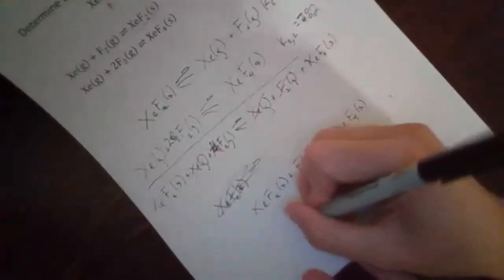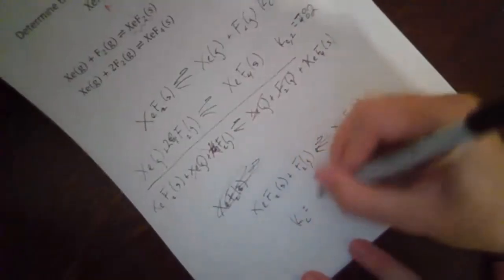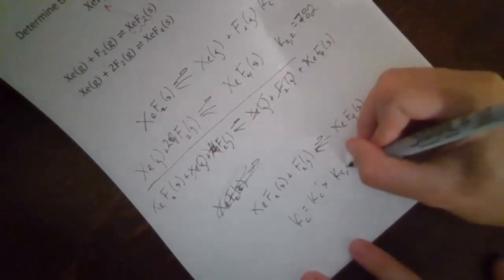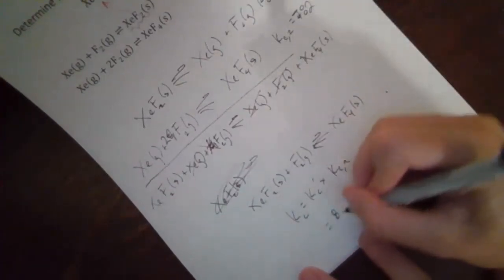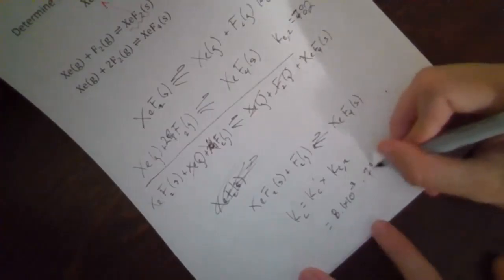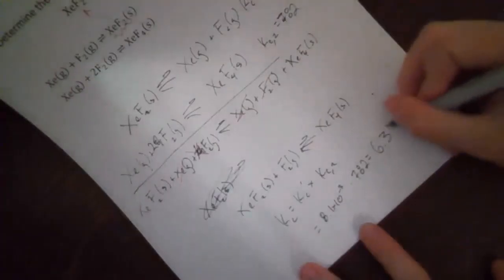So the equilibrium constant for this overall reaction is going to be that Kc prime times Kc2, equal to 8.1 times 10 to the negative third times 782, which is equal to 6.31.